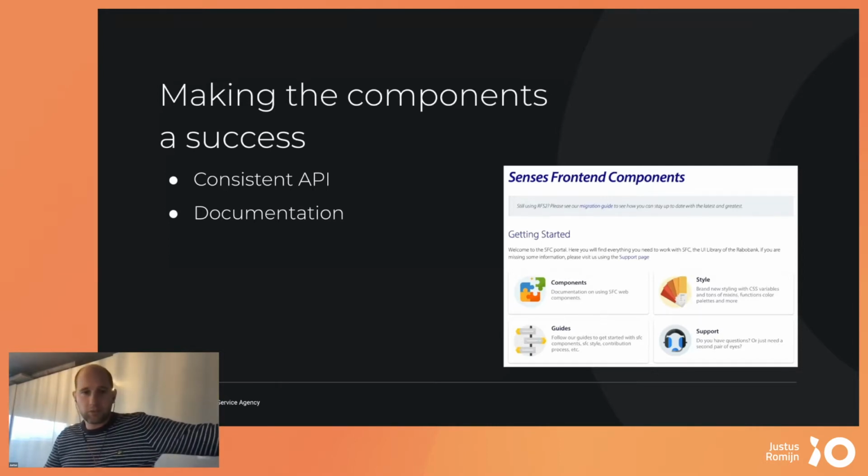For example, Stencil has the JSON format to help with APIs, and you can generate whole documentation websites as well. So put a lot of effort into documentation, because otherwise it's going to be hard to sell it to the organization and make developers happy with it.